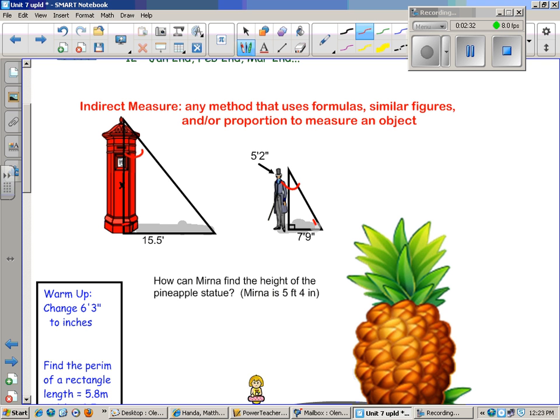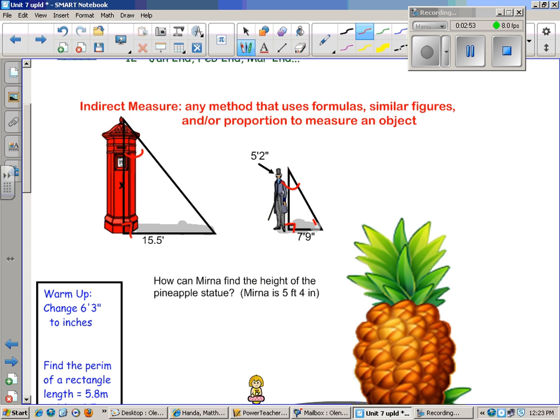So if this is the right angle and this is the right angle and those angles are the same, are they similar figures? Yeah, why? Right, angle, angle similarity. So I can set up a proportion and solve for the missing side.